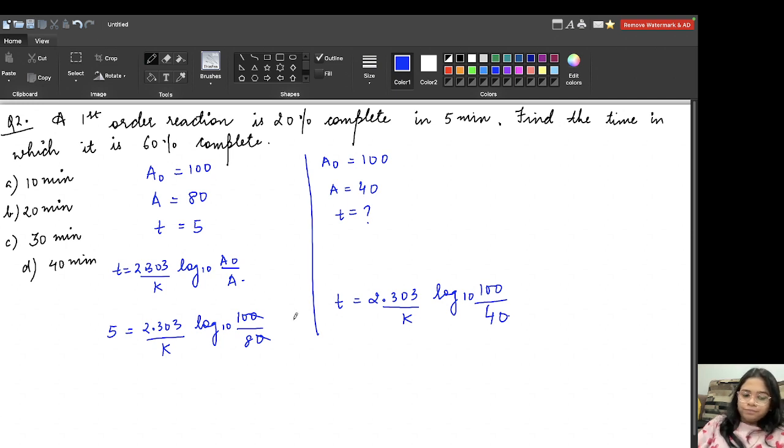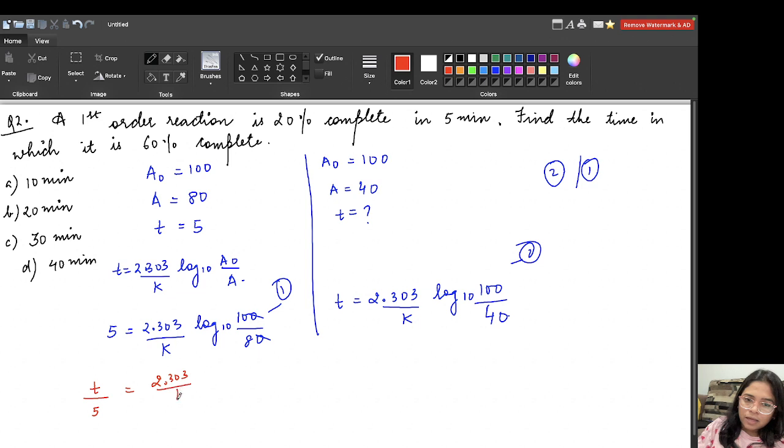Now we do second divide by first to find the value of t. t divided by 5 equal to 2.303 by k log base 10 100 by 40 divided by 2.303 by k log base 10 100 divided by 80. This and this get cancelled.